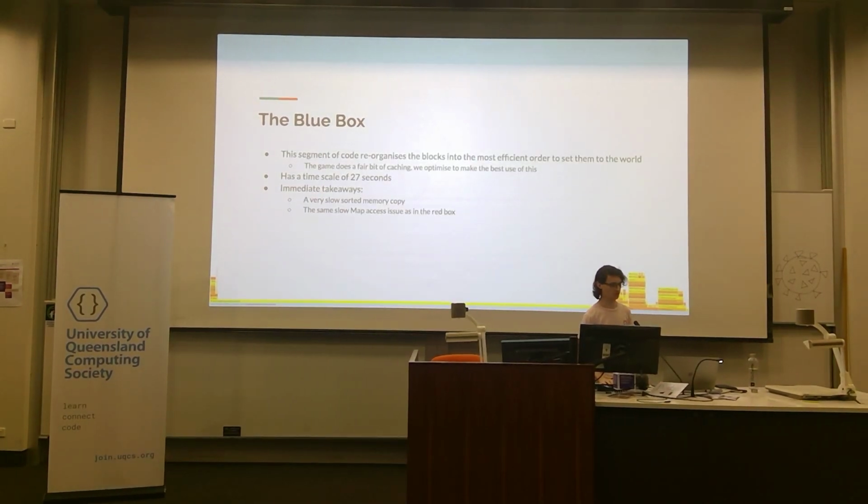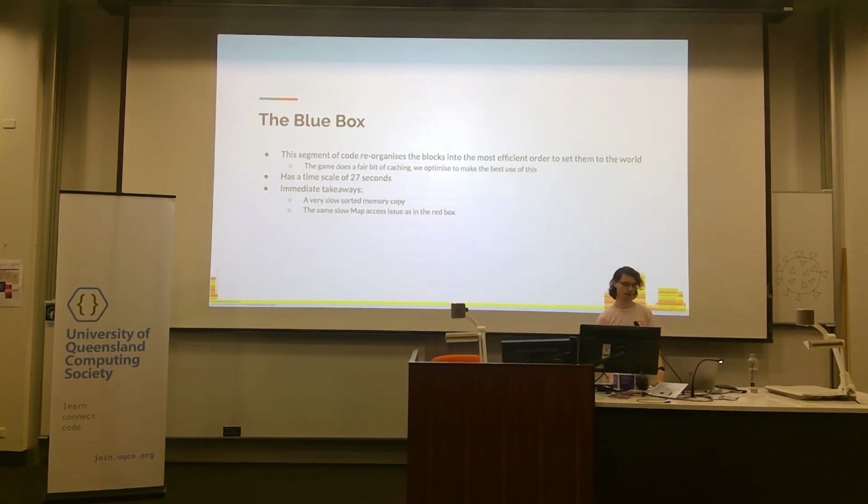The blue box is basically something that reorganizes the list of operations to make them in the most efficient order to actually set back to the world. The game does a bit of caching, so we try to make the best use of it. This took 27 seconds, which is really bad because it's literally just a single function call.